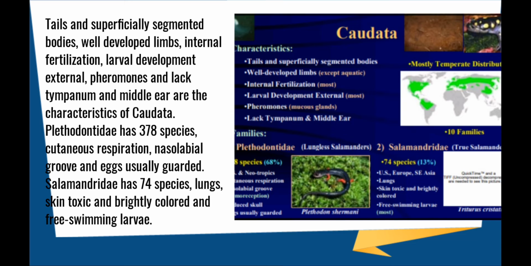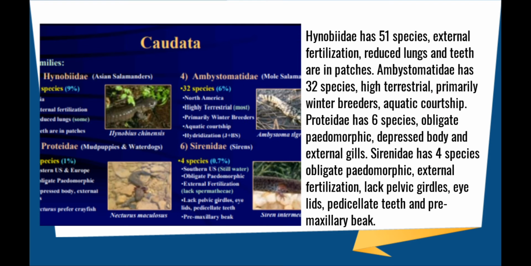They have lungs, their skin is toxic and brightly colored, and they have free-swimming larvae. Hynobiidae has 51 species, external fertilization, reduced lungs, and teeth in patches. And Ambystomatidae has 32 species. They are highly terrestrial, primarily winter breeders, with aquatic courtship.